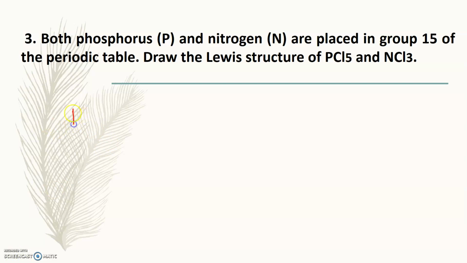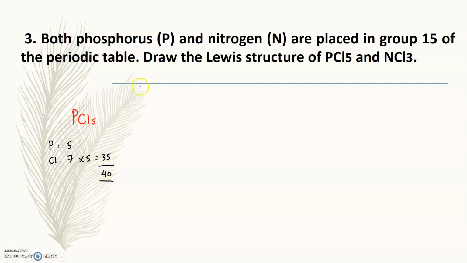For example, PCl5. Phosphorus has 5 valence electrons, chlorine has 7 valence electrons from group 17, times 5 is 35, plus 5 is 40.